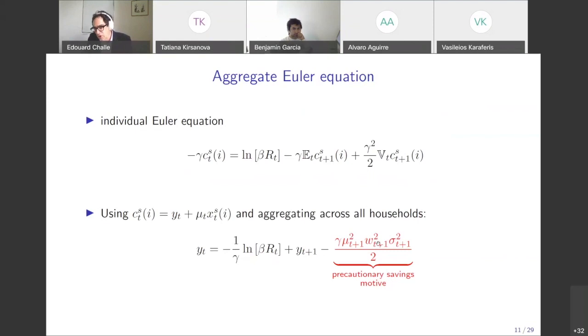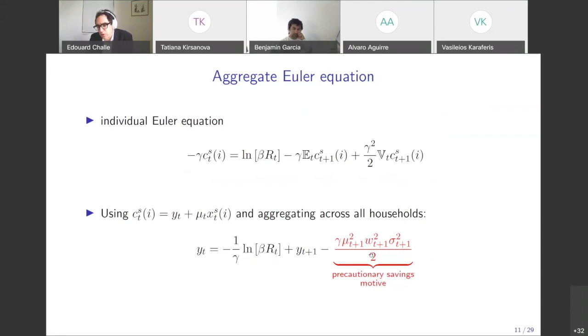Let me just explain the terms that are here, because it's important for the rest of the analysis. Sigma squared t plus 1 is the variance of the idiosyncratic shock. But the idiosyncratic shock is a time endowment shock. So how does it translate into earnings shocks? Well, you have to multiply it by the real wage, and because it's a variance, we have a square that shows up here.